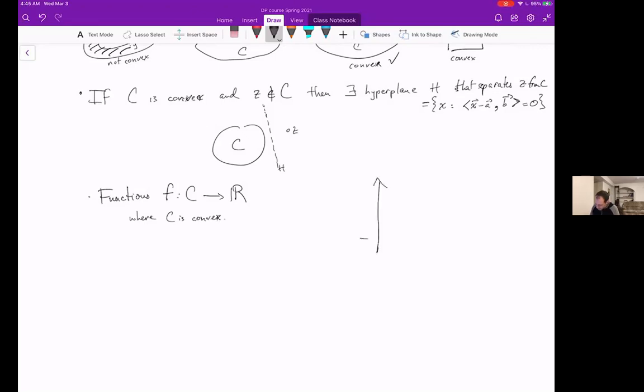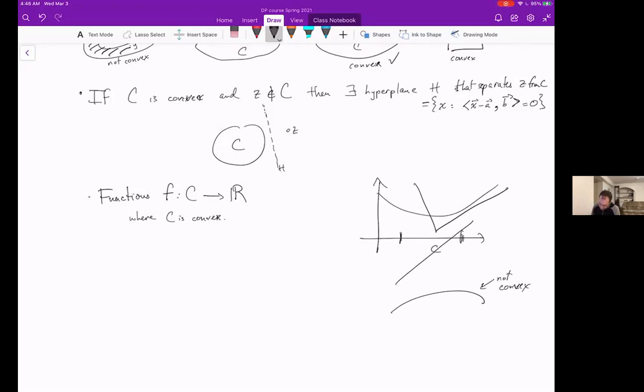A function is convex if, here's its domain of definition, C, the function looks like this, or like this, or like that. But not like this. That's not convex. So it has to kind of angle upwards.